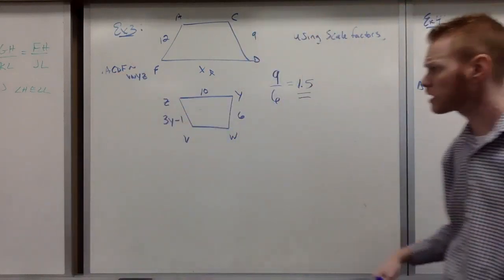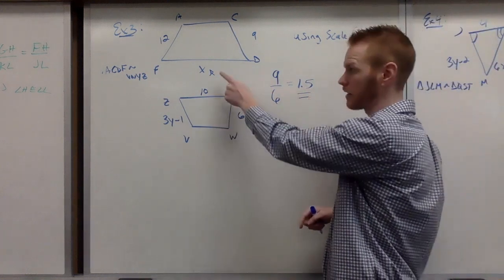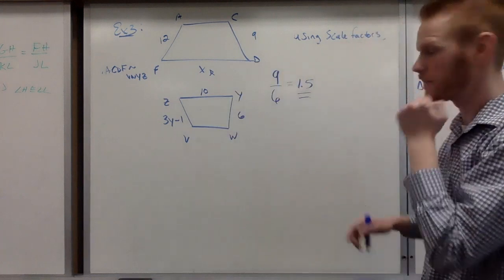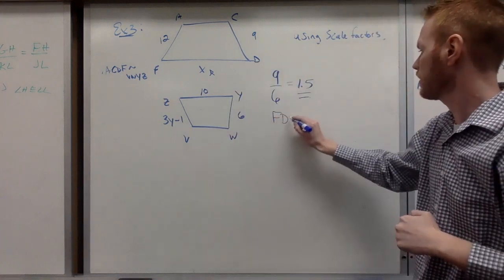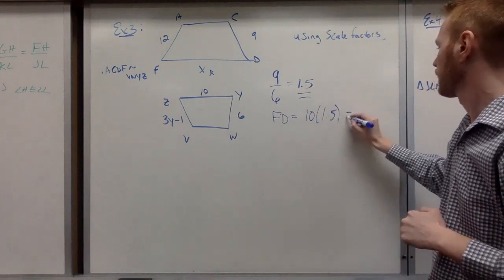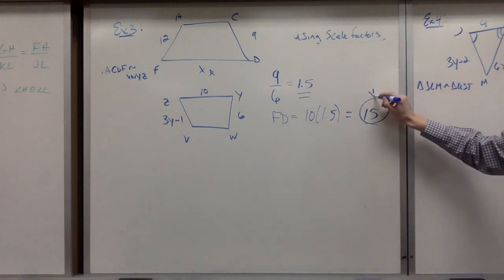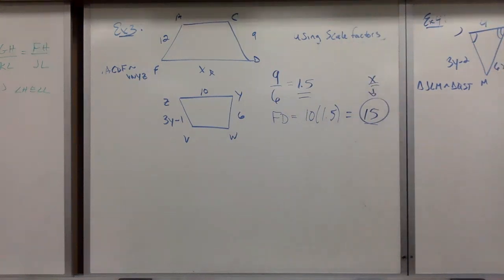Okay. Now, if I take this guy, multiply it by my scale factor, I should get the ending result, right? So let's see. FD would be 10 times 1.5. And when I do that, I get 15, which is what X is. Okay, so X comes out to be 15.